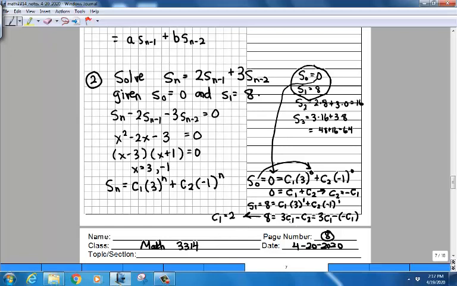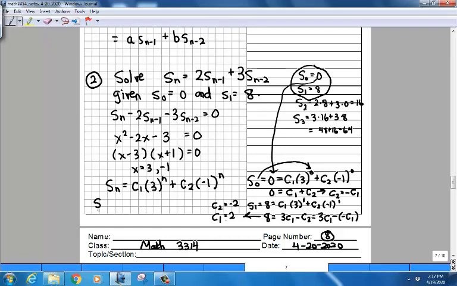Am I doing that right? 8 is equal to 4C1, so C1 is equal to 2, and C2 is minus C1 according to this equation, so C2 would be minus 2. So there are your initial conditions, right?